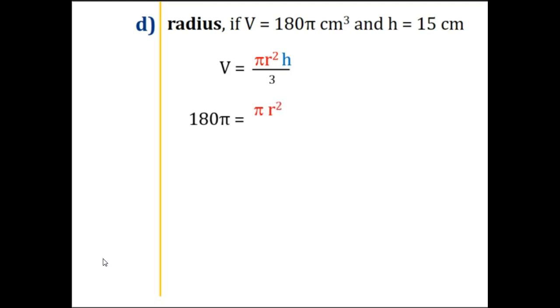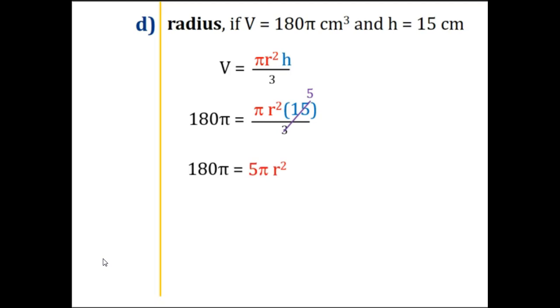I don't know my radius, but I know that my height is 15. And I know that it's divided by 3. So what can I do? If I divide 15 and 3, what does that now become? 5, right? So my new equation says 180 is equal to 5 pi r squared.